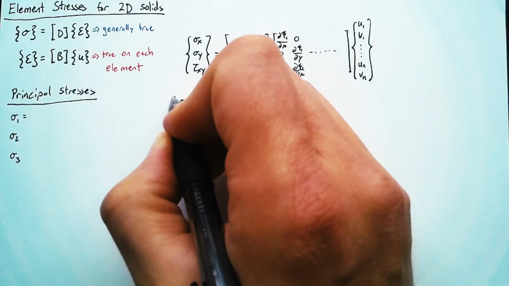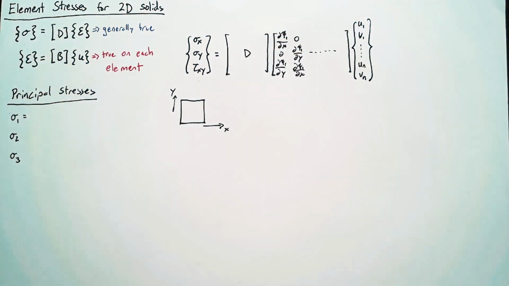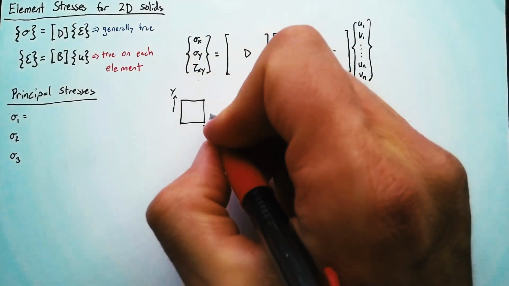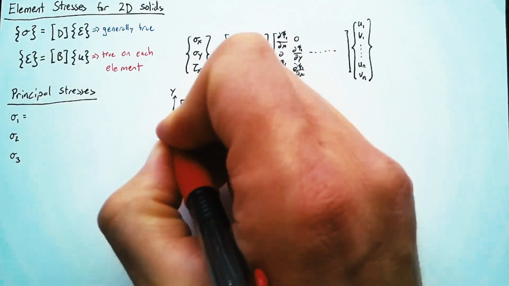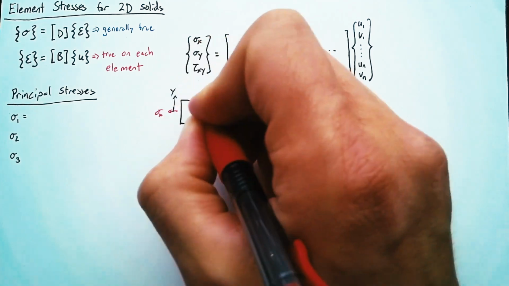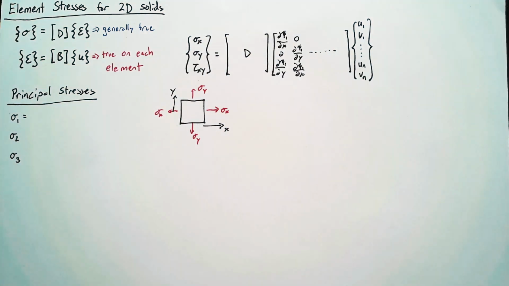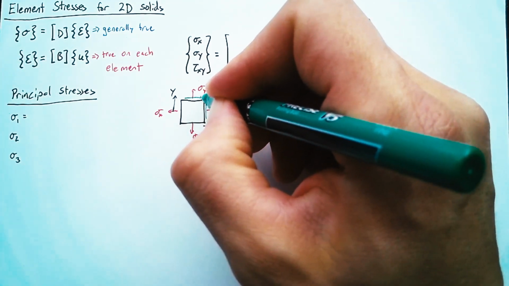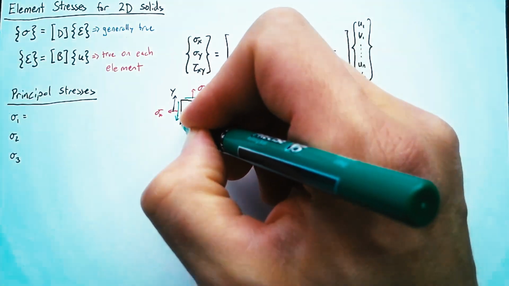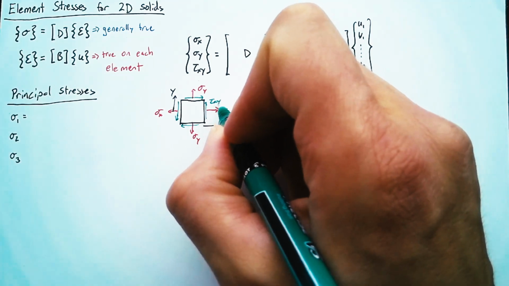This little element that we have in purely x and y. And so with that element, we have a sigma x pulling like so, a sigma y pulling in the y direction, and then we have our tau xy, which is pulling along these surfaces.